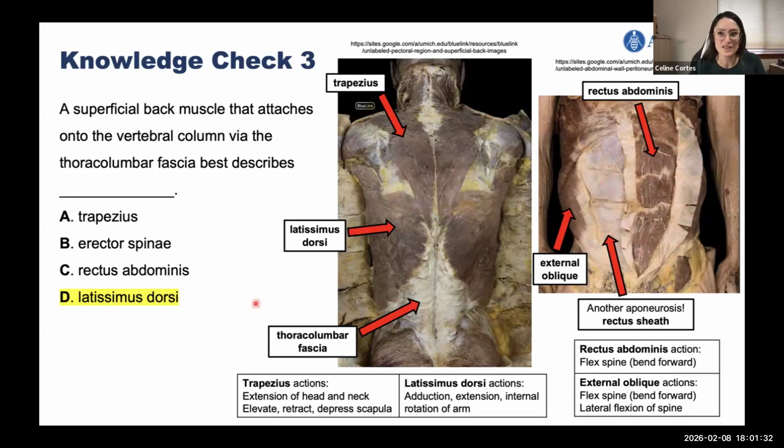Okay, I'm going to move on to knowledge check 4.